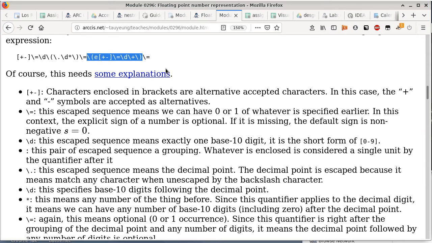But focusing on what is highlighted right now, that subsequence is describing the exponent portion of a scientific notation. But what is the symbol right after that subsequence? Once again, we have a backslash equal to, and that means it is optional. So that means a scientific notation does not always need an exponent component. 3.14 is already in scientific notation.